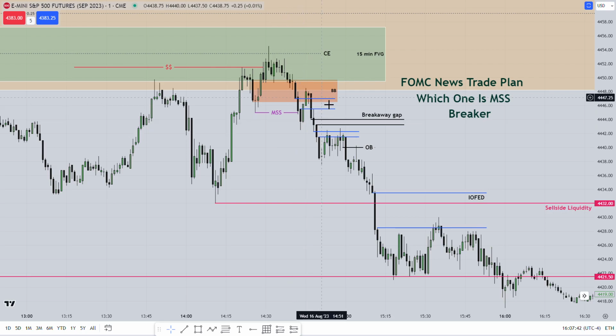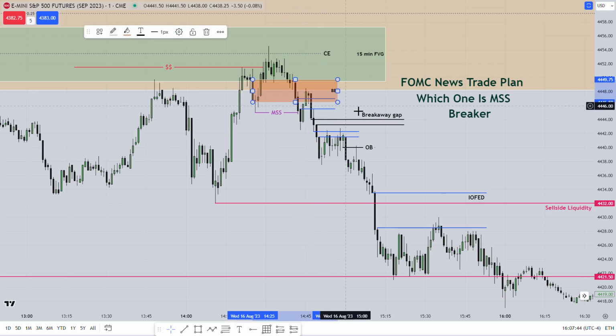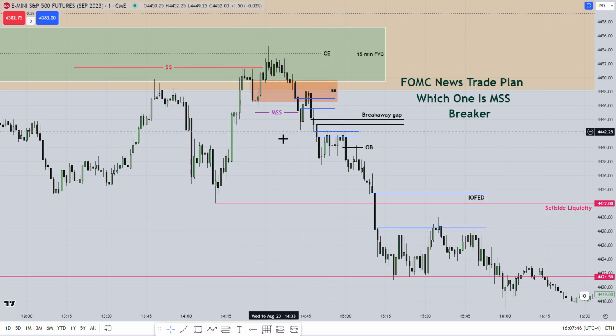Now come to the point of the breaker. What is a breaker? Breaker means: high, low, higher high. The lowest candle is my breaker.